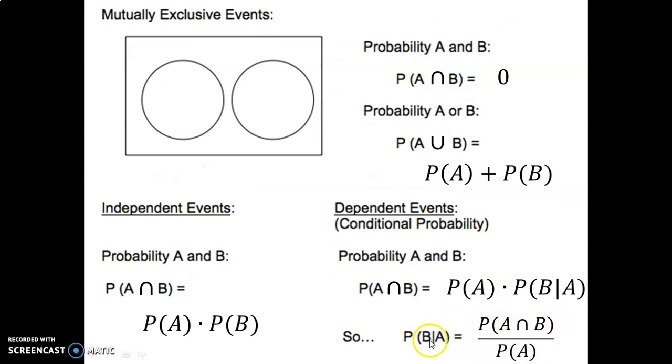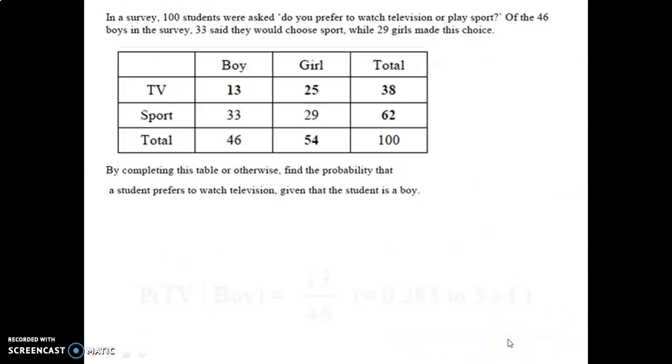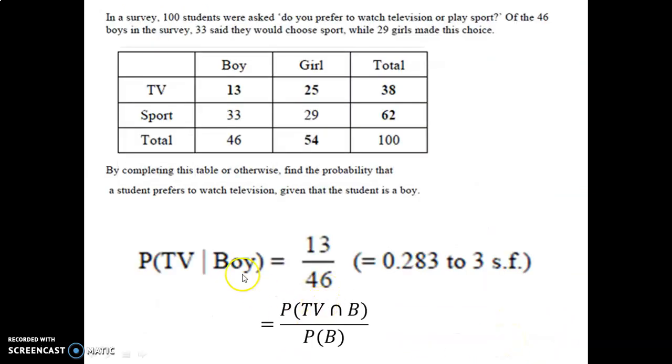When we need to find a conditional probability, we can set this up. So that looks like this. So when we see TV given that boy, we find that TV and boys, so the TV watchers that are boys, and we divide by, again, when we have given that a certain group, we divide by that group, so we divide by the group of boys, because we're saying rather than looking at all students, we're now just looking at the boys. So look at that carefully again, that's an important idea.